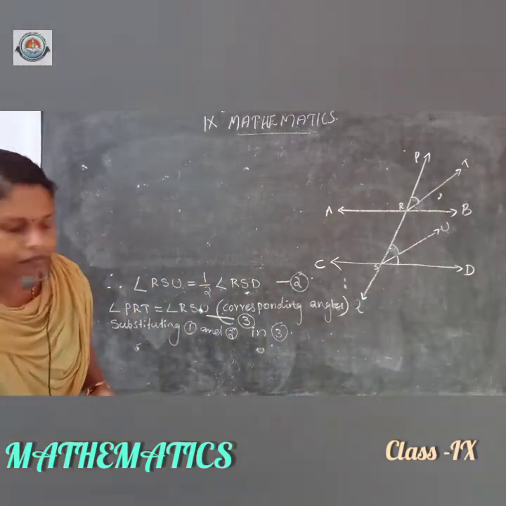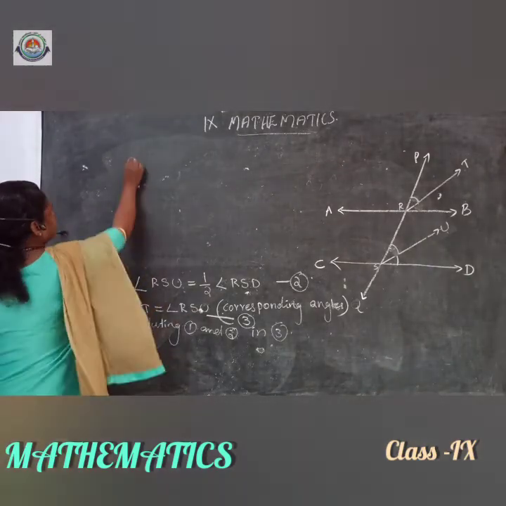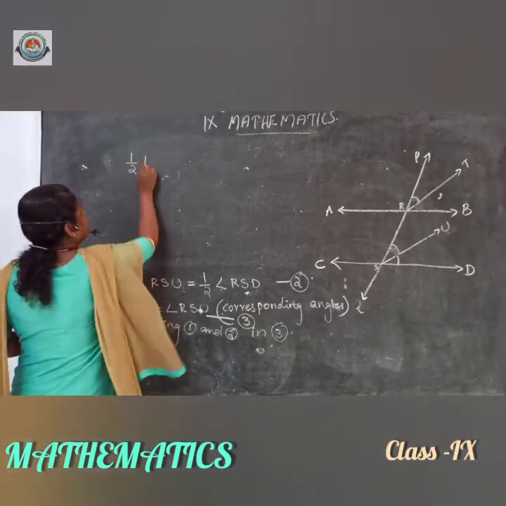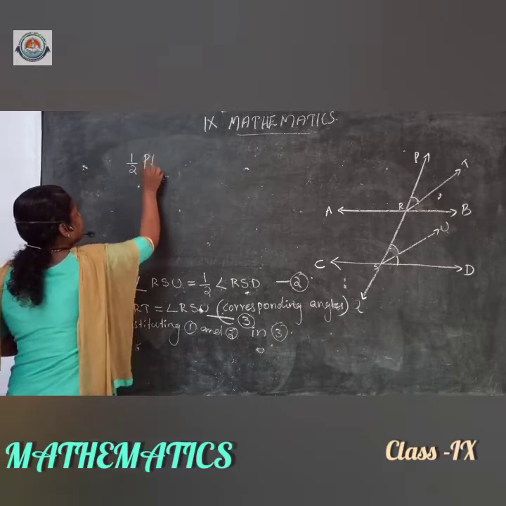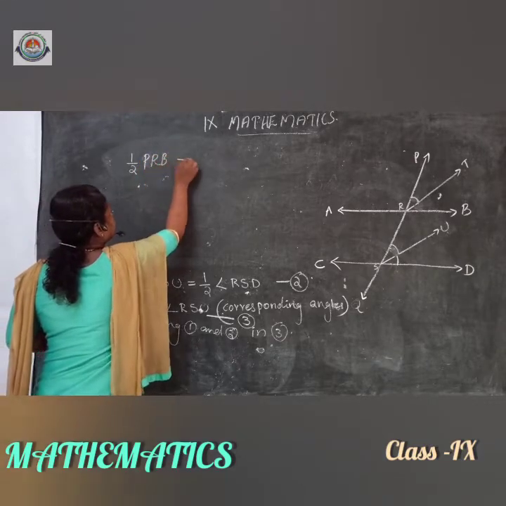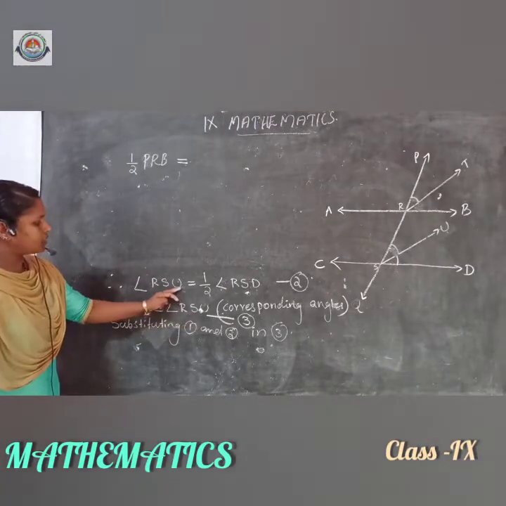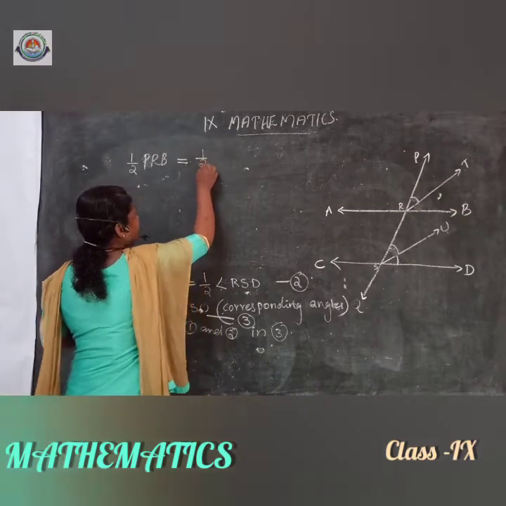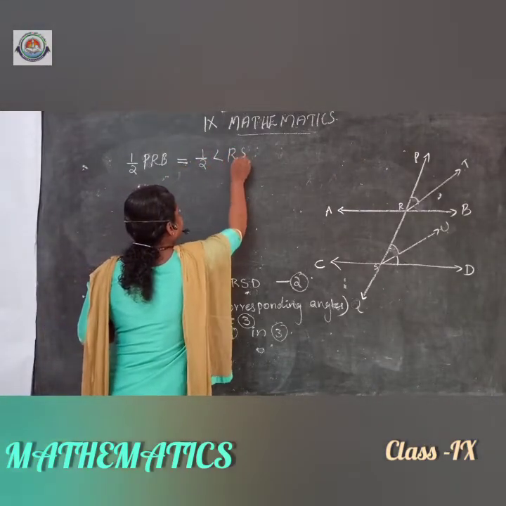That is, this PRT, equal to half into angle PRB, is equal to RSU. What is angle RSU? Half into angle RSD.